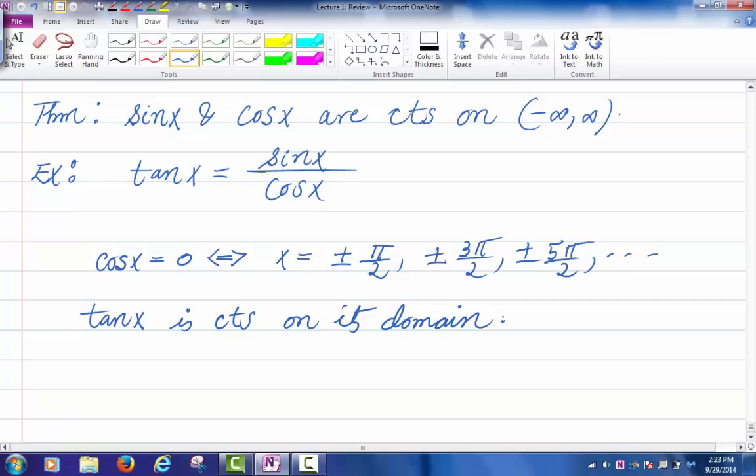What's the domain? Domain is everything except for odd multiples of pi over 2. And that's true for all trig functions. All trig functions are continuous on their domains. Secant, cosecant, all of them. So if you know their domains, you know where they are continuous. Okay?